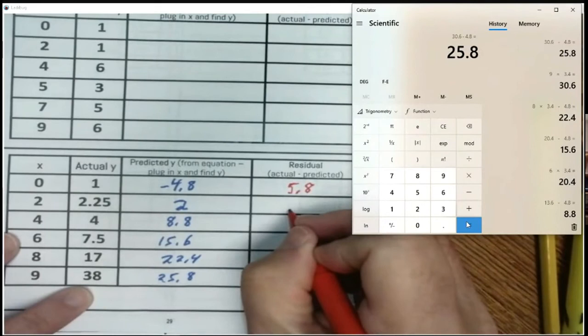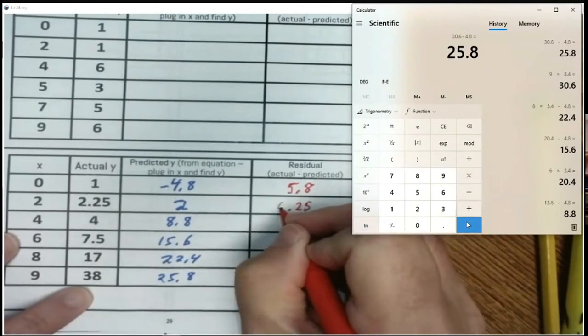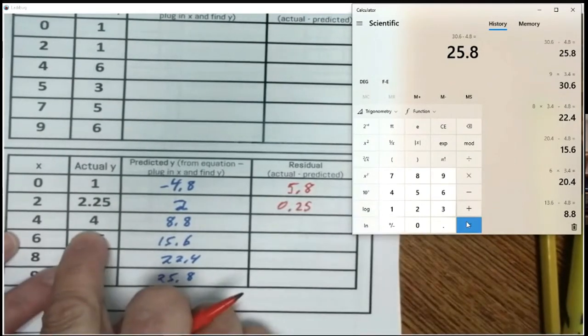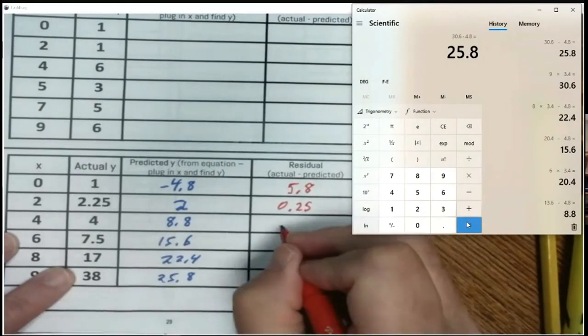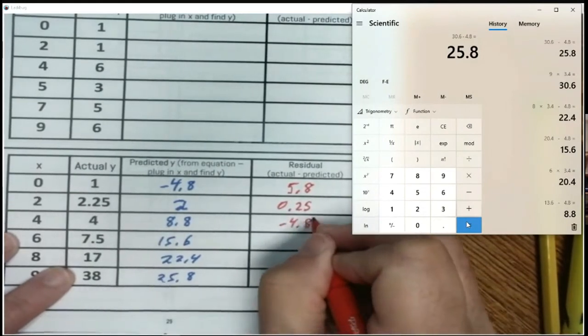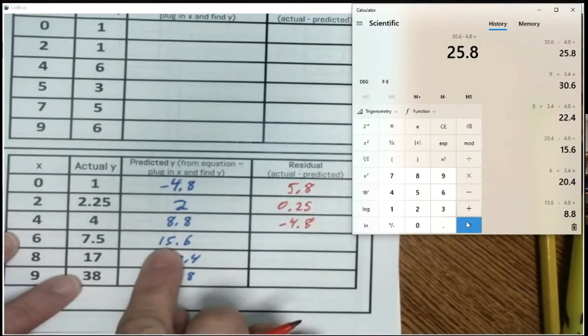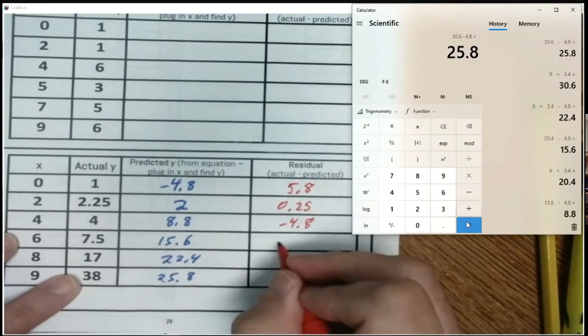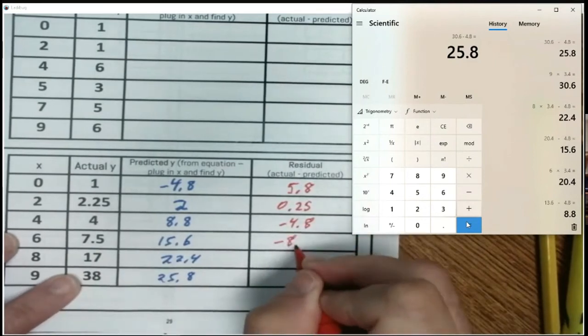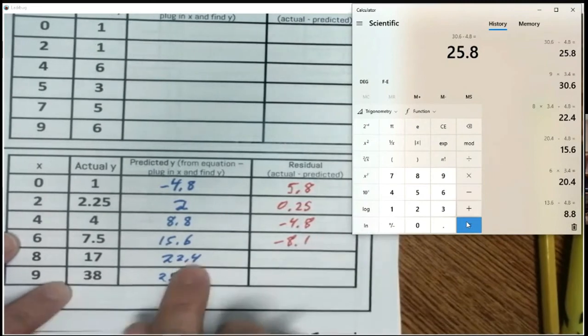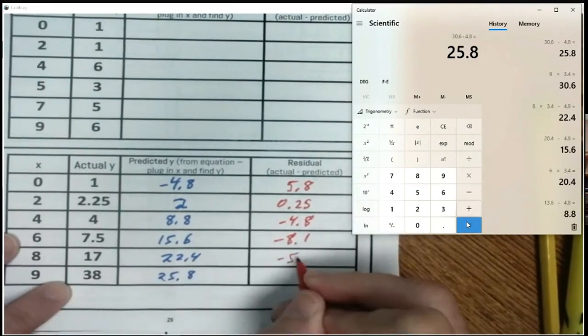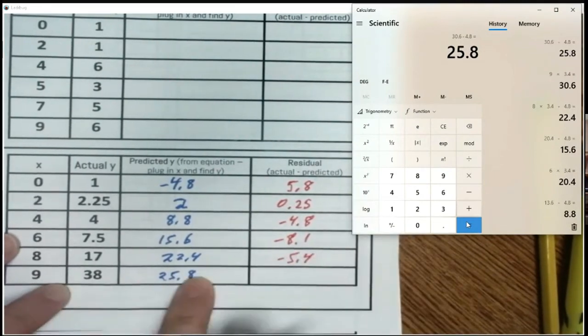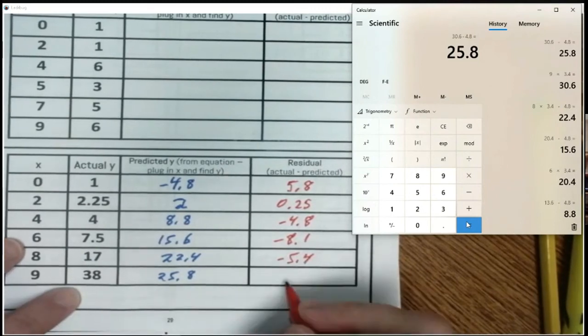Well, that one's pretty good. It's just 0.25, right? 4 minus 8.8 is minus 4.8. 7.5 minus 15.6 or negative 8.1. 17 minus 22.4. And 38 minus 25.8, we're looking at 12.2.